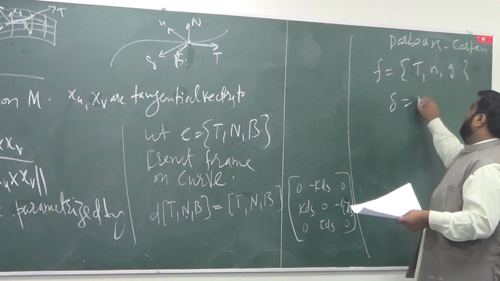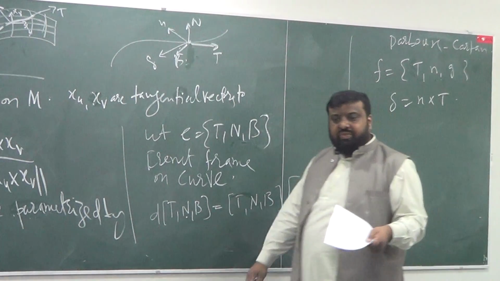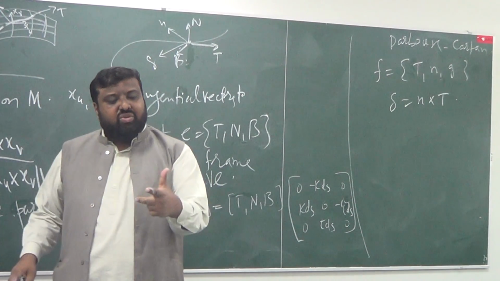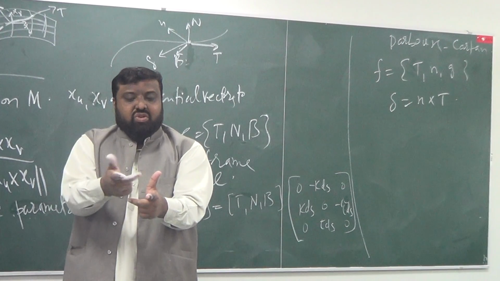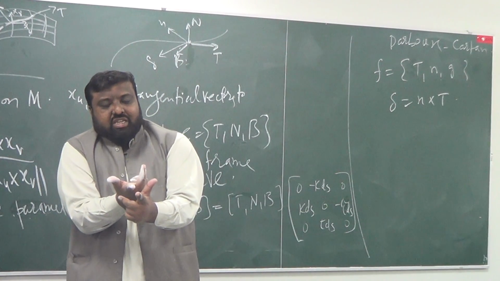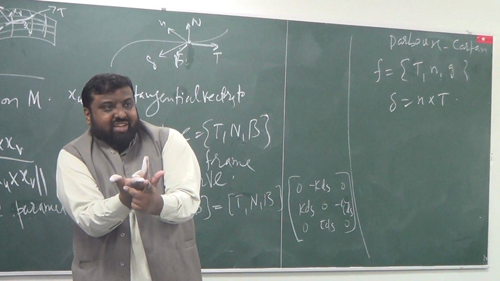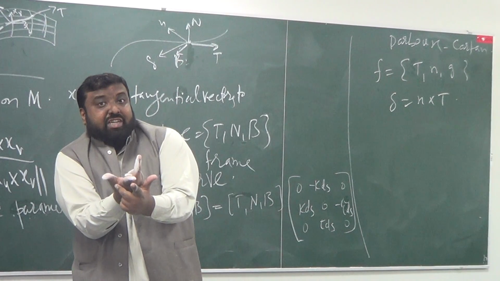So G is N cross T. So you can imagine that at a point you have two frames. One frame looks like this, and the other frame also looks like this, in which the tangent is shared, but the normal and binormal are kind of different actually.